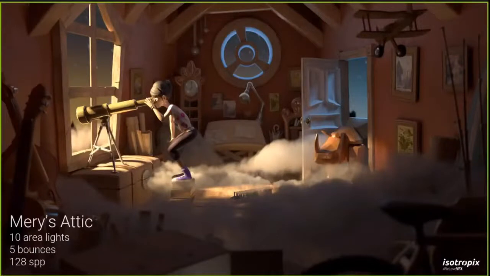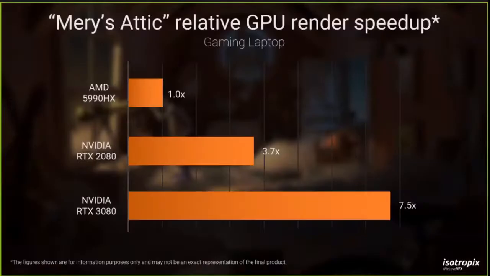So five minutes later, that's the kind of image you can get on the gaming laptop. And that's pretty fast. That's a full HD image, with 10 area lights, 5 bounces, 128 samples per pixel. Again, take these benchmarks with a pinch of salt, because they're very early benchmarks.